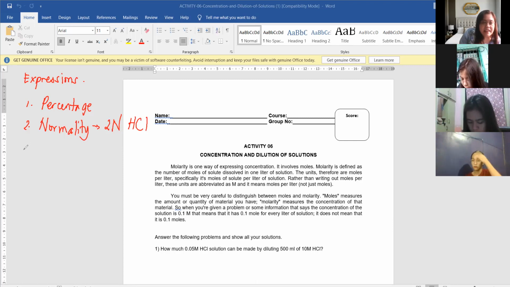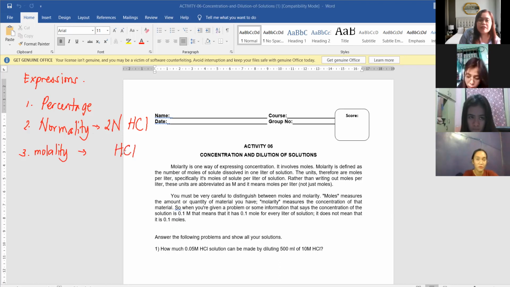Okay? And then, number 3, we also have the so-called molality. And we use small letter m to denote our unit for the molality. So example, 2m. We call that 2 molal hydrochloric acid.